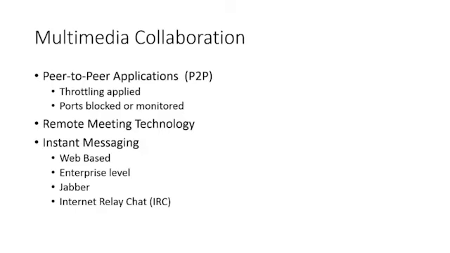Now, when it comes to security, a couple things may happen with these peer-to-peer applications, and you can do this in your organization as well, but a lot of the time you'll see this done on the back end with an ISP, your internet service provider. They may totally block or monitor those ports.